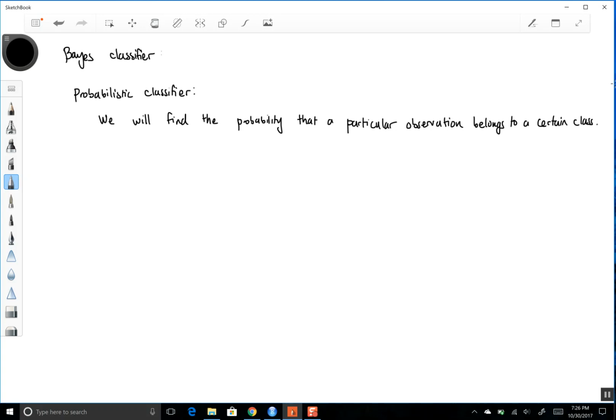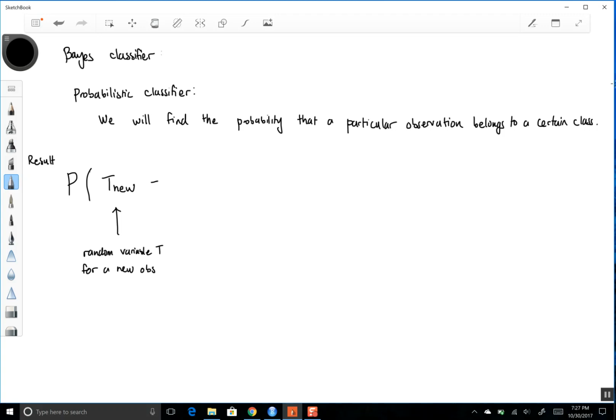Okay, and so we might write something such as our classifier will be what it will return. The result of our classifier is going to be the probability, t new is going to be the random variable t for a new observation.